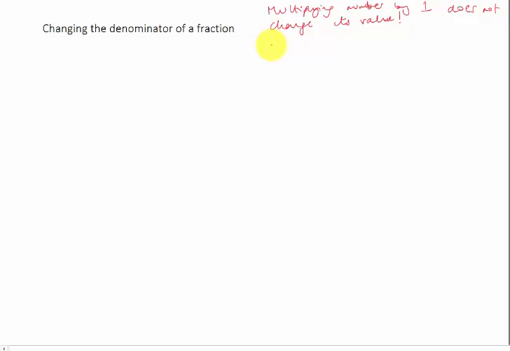And I've just told you that a fraction with a numerator and denominator that are the same is equal to 1. So that applies to this. So I can say multiplying by a fraction where the numerator is equal to the denominator does not change the value.